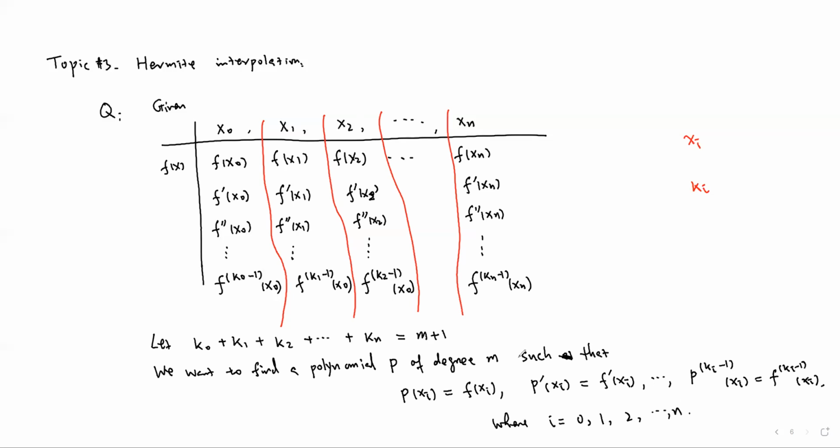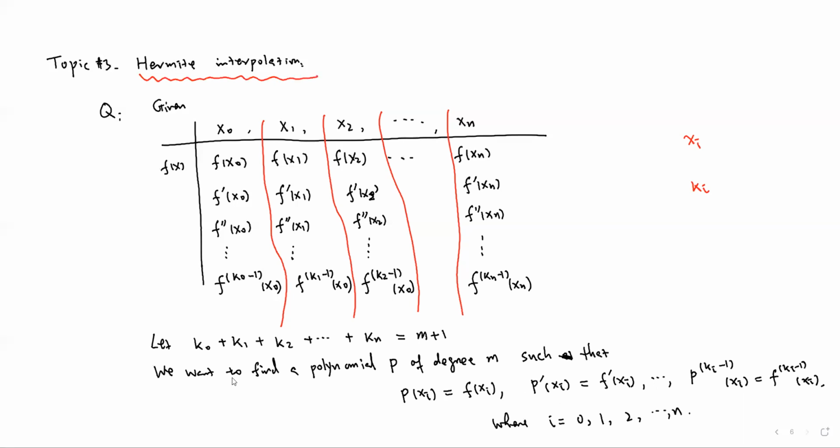So this is our goal, to look for such a polynomial p. This polynomial at the nodes matches with function values and also with derivatives. How to find such a polynomial? This problem is called the Hermite interpolation problem.